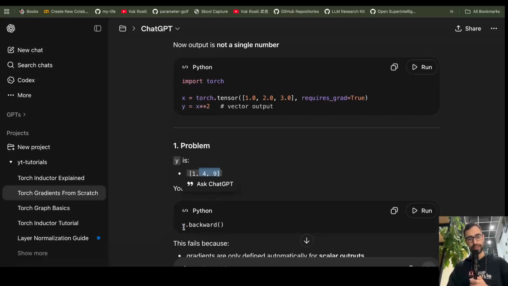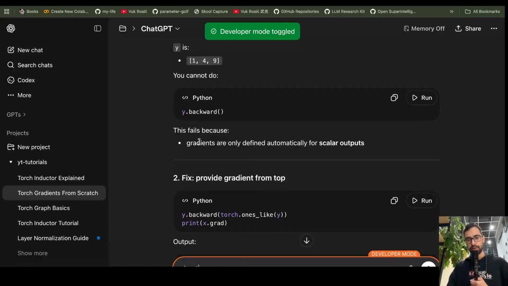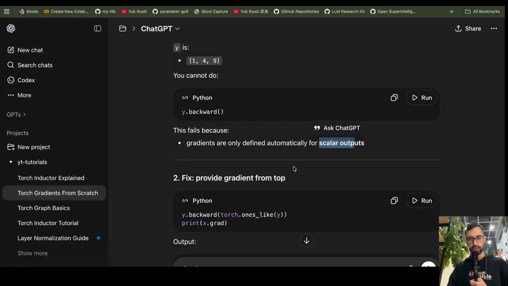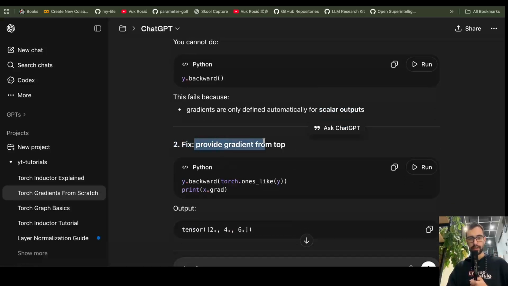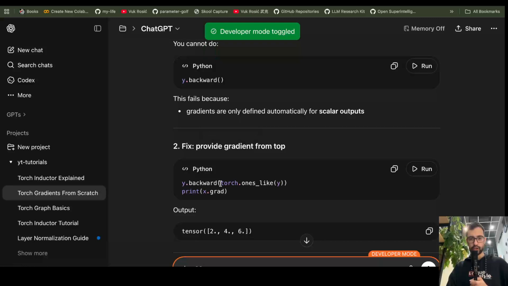So how do we calculate y.backward? This is going to fail because gradients are only defined automatically for scalar outputs, and the fix is to provide the gradient from the top. So we need to add torch.ones_like(y).